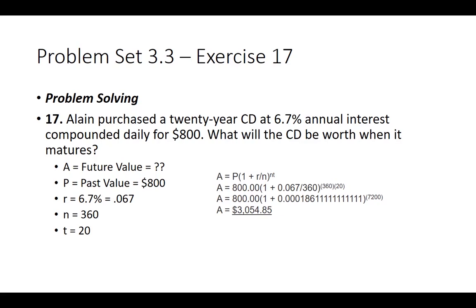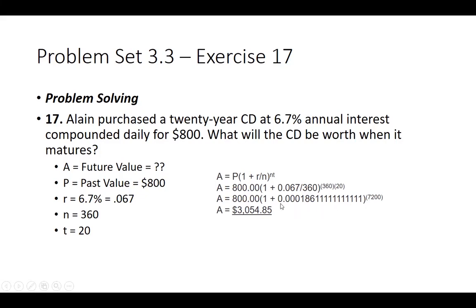Plug in everything we know. What do we do first? We take care of the exponent. 360 times 20 is 7,200. Take care of the division. 0.067 divided by 360 gives you this long string.